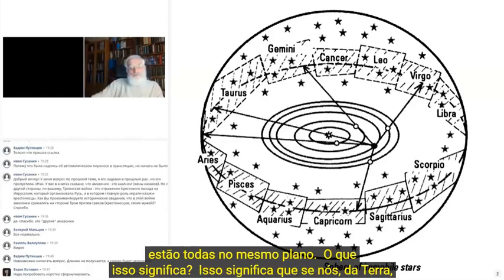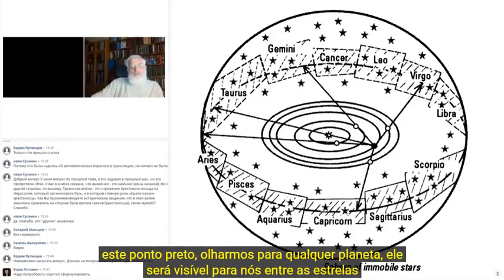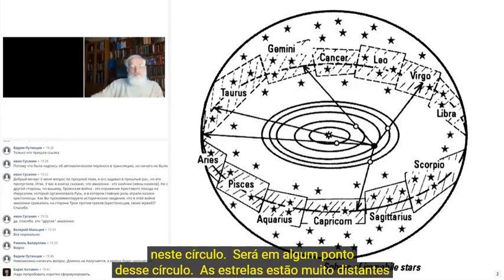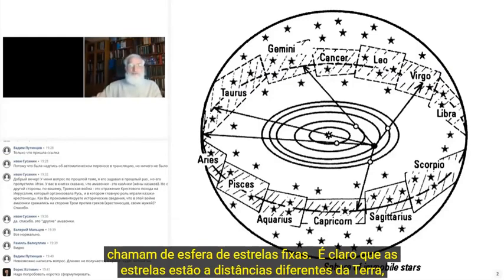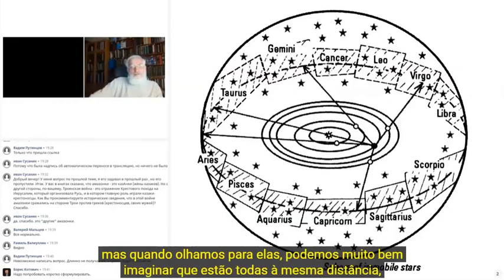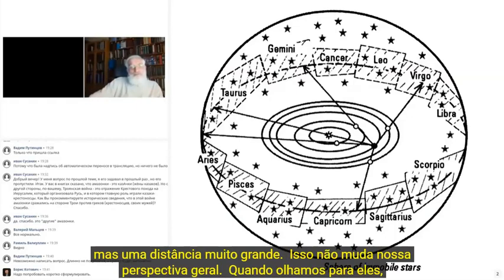It means that if we, from Earth, this black point, look at any planet, it will be visible to us among the stars on this circle. It will be at some point on that circle. The stars are very far away, and we can consider them to be located on a sphere of a large radius, which astronomers call the sphere of fixed stars. Of course, the stars are at different distances from Earth, but when we look at them, we can just as well imagine that they are all at the same distance, but a very large one.